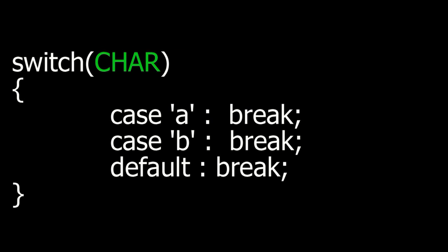Were I to switch on a simple single character, I'd start with the keyword case, and then the single character. I'd enclose it in single quotes, not double, use a colon, the keyword break, and then a semicolon. If the first case were not met, program flow would continue to the second case, or to the default statement, until break is reached.